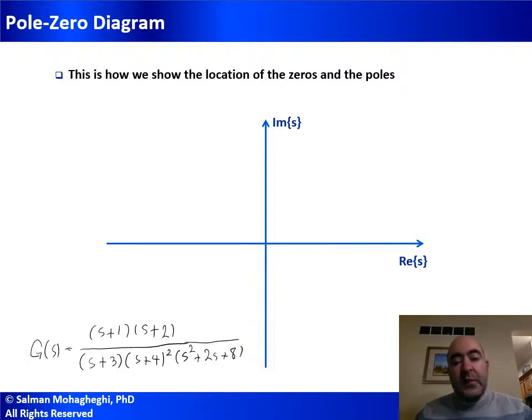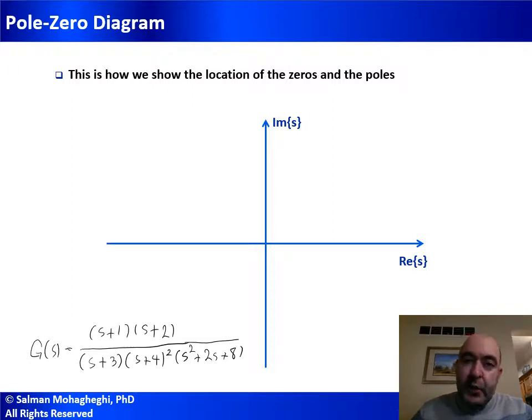So let's say this is my transfer function. This transfer function has a numerator, which is s plus 1 times s plus 2, and a denominator consisting of terms s plus 3, s plus 4 squared, and s squared plus 2s plus 8. The roots of the numerator are going to be the zeros of my transfer function, and the roots of the denominator are the poles.